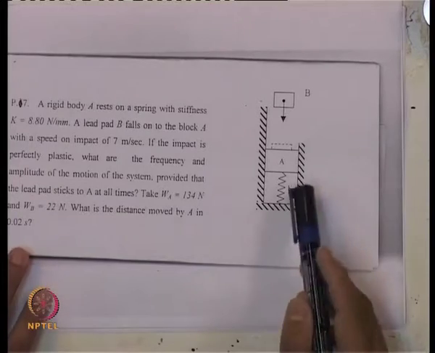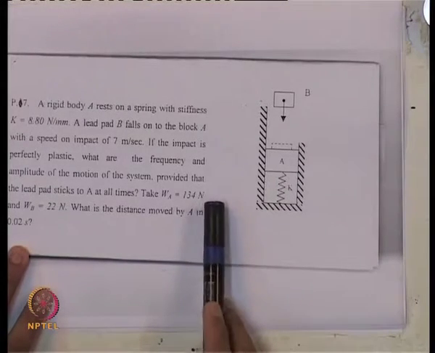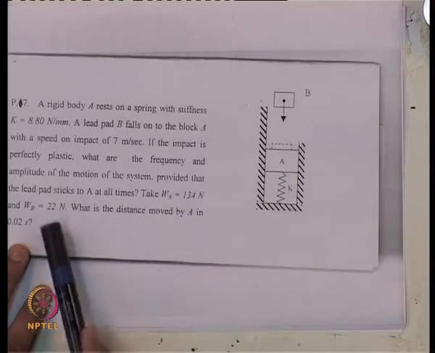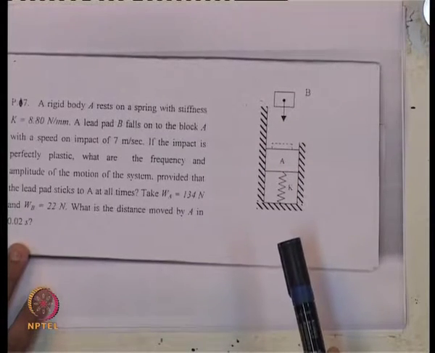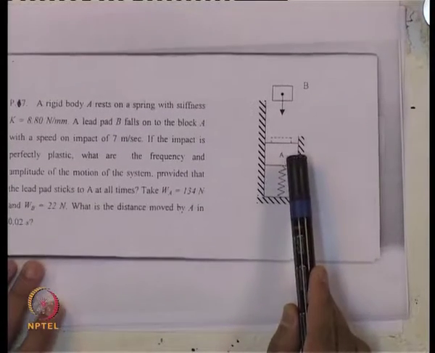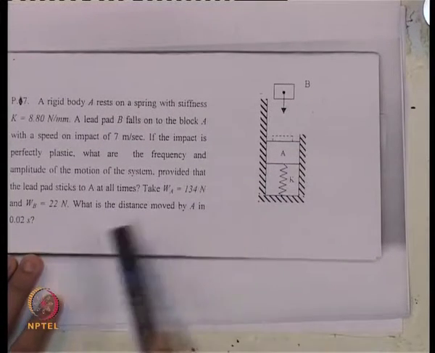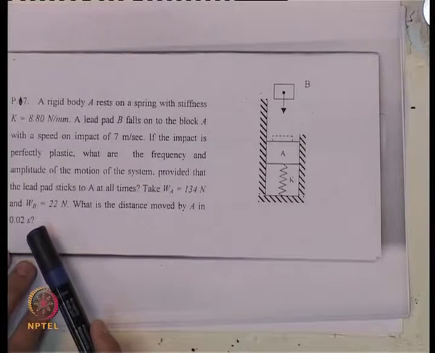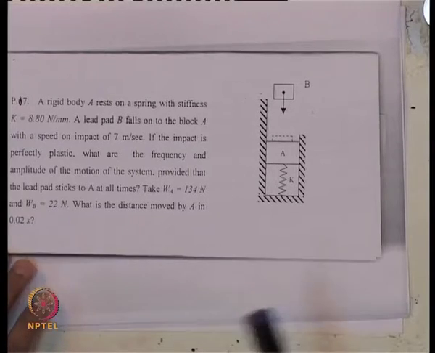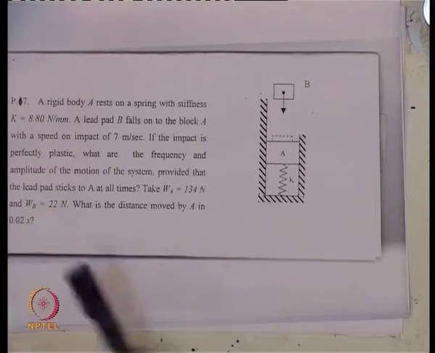The weight of rigid body A is given as 134 Newton and the weight of lead pad B is given as 22 Newton. What is the distance moved by the rigid body A after 0.02 second of the impact? That also has been asked in this problem. So, what does it mean?